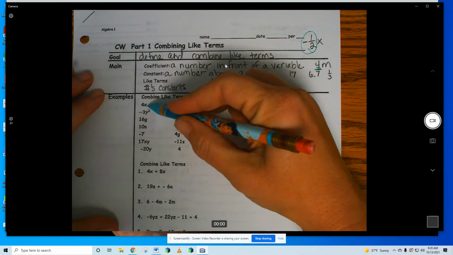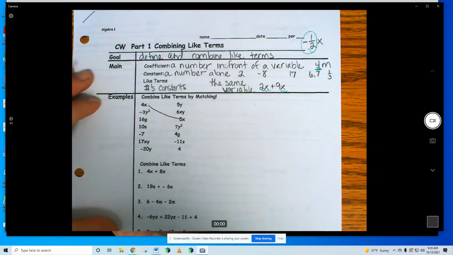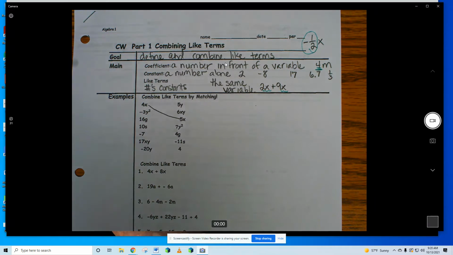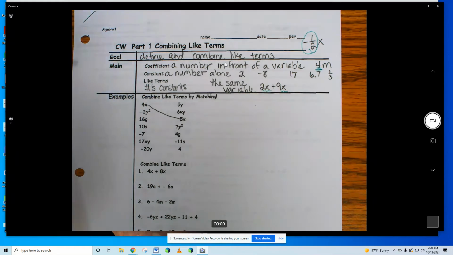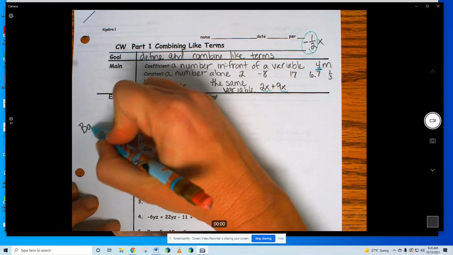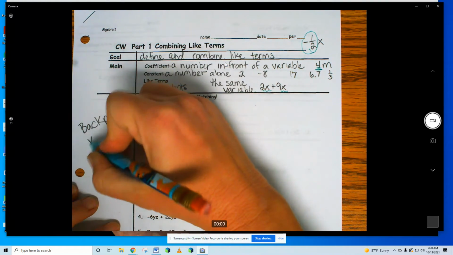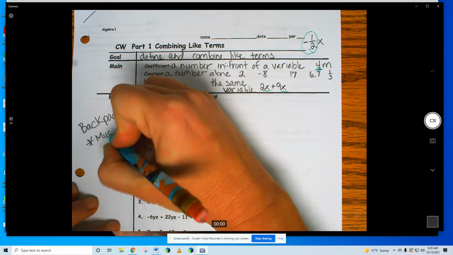Can you please draw a line from 4x to 5x? They're the same. I can add them and subtract them because they have the same backpack. They have the same variable. So I'm going to put backpack on the side of my paper. And they must be the same.